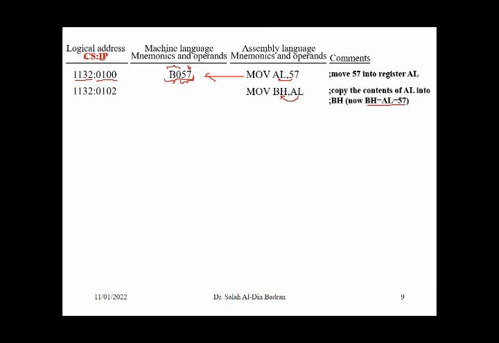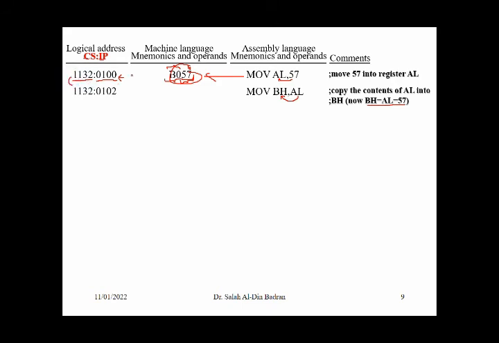We have 2 bytes. So 2 bytes will be saved starting at 0100, the first byte of this. The second byte will go to 0101 of this instruction, and it goes to the third address, which is 0102. So the first byte will be saved in 0100, the second byte will be saved in 0101, and CS will stay as is.